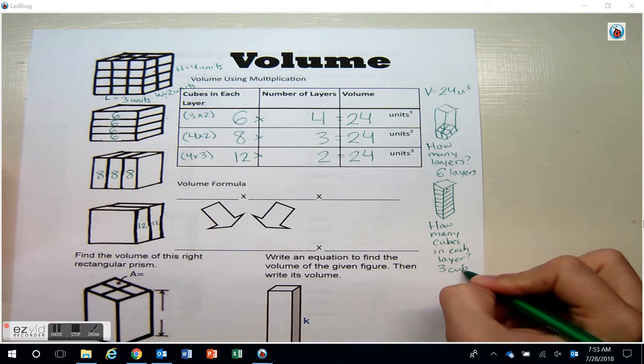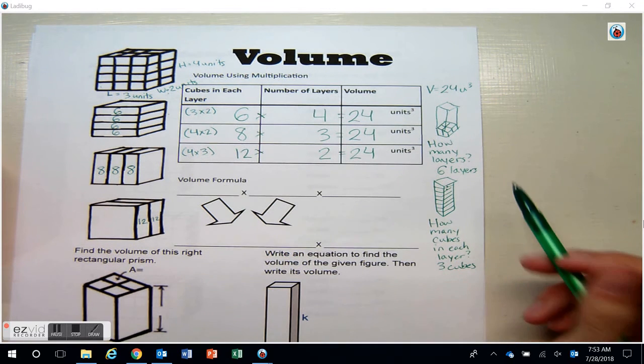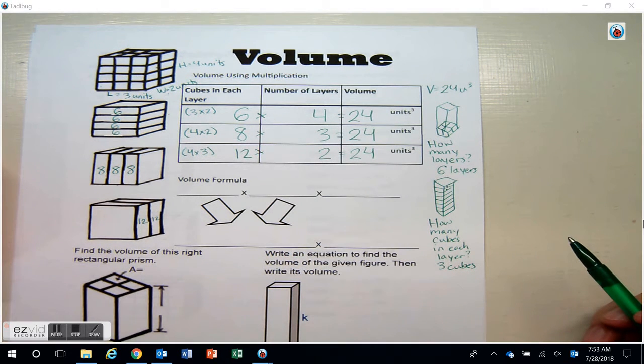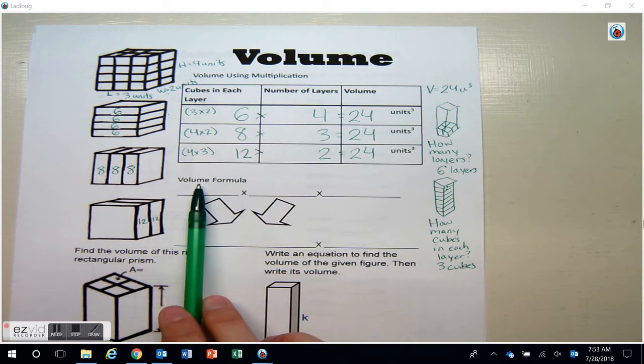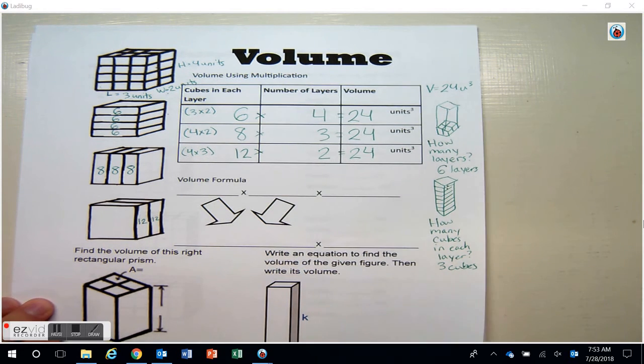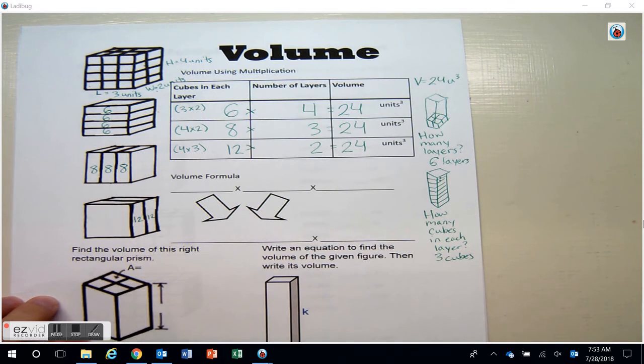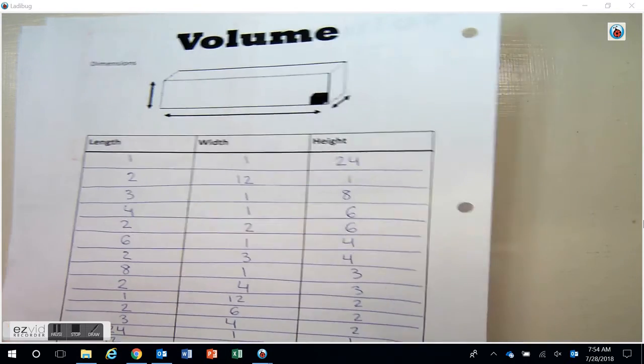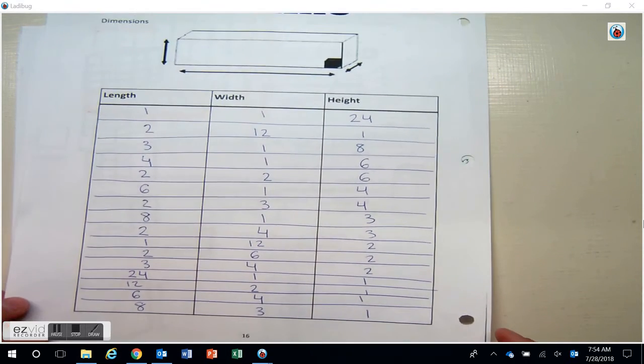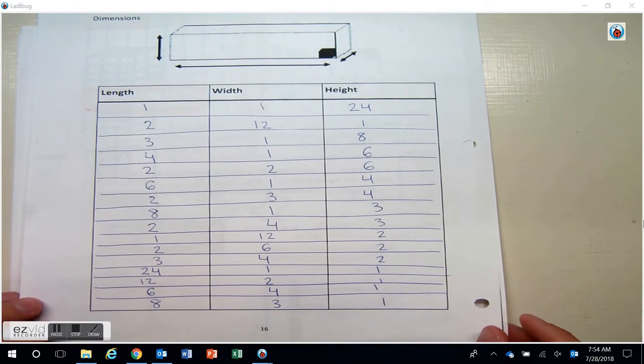And this time we wanted to know how many cubes are in each layer. Well, let's see, it still has a volume of 24 units cubed. How many cubes are in each layer? If I have 8 layers, my answer would be 3 cubes. Let's see if some of you are catching on to the math that we have here.